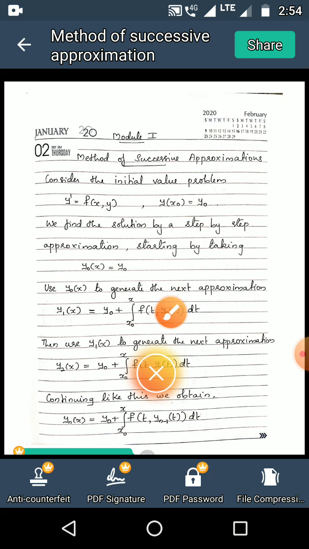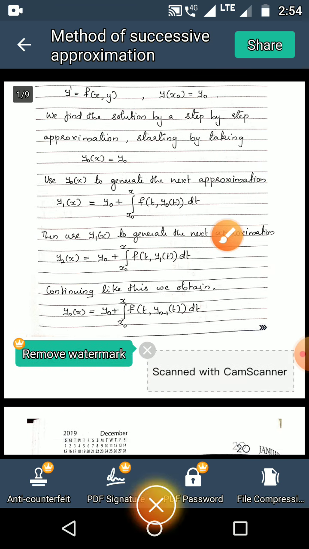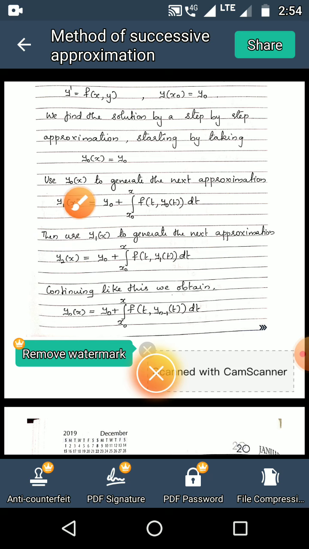From the first approximation, we know y naught of x. We replace the variable x by t and place y naught of t here. So f of t, y naught of t is written using the function f of x y: in place of x we give t, and in place of y we give y naught of t. This is the second approximation, and next, using this approximation, we can go to the next approximation.